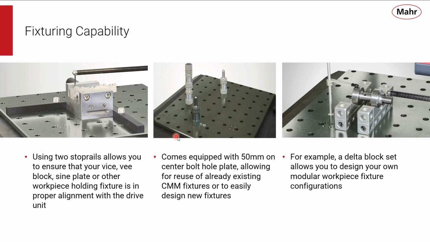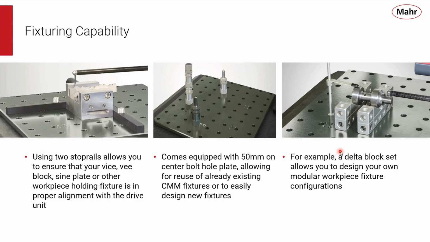So the base machine comes equipped with a 50 millimeter on-center bolt hole plate, allowing you to reuse fixtures that perhaps you already have designed for CMMs, where for the measurement features you're trying to get, CMM isn't quite the right tool. It also allows you to easily design new fixtures by having the 50 millimeter grid plate.